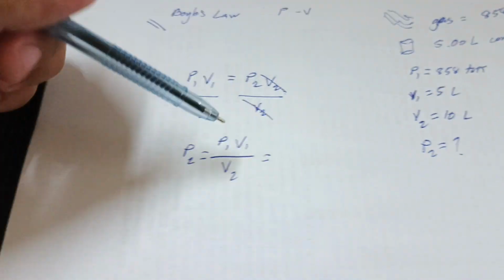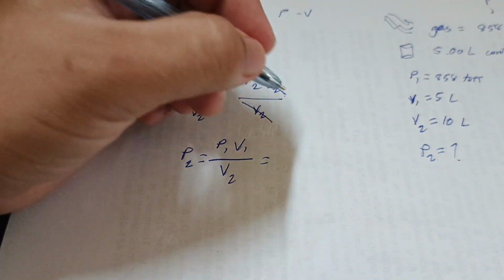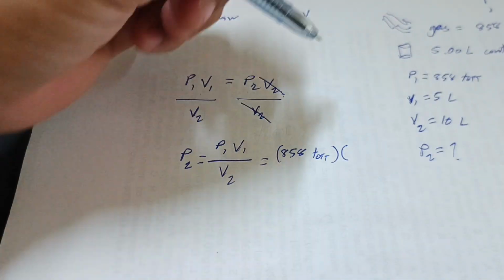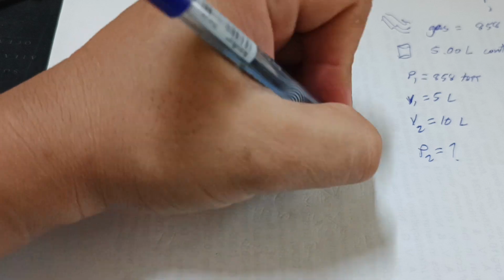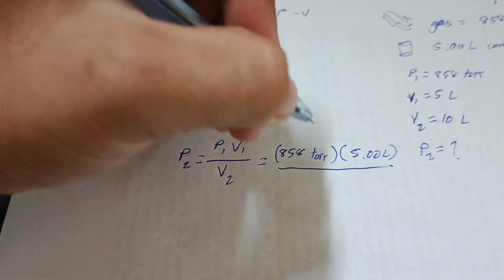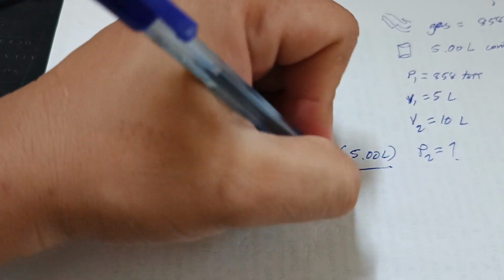All you have to do now is put your given numbers from the problem into the equation and you will arrive at 858 torr times the initial volume of 5.00 liters over the final volume of 10.0 liters.